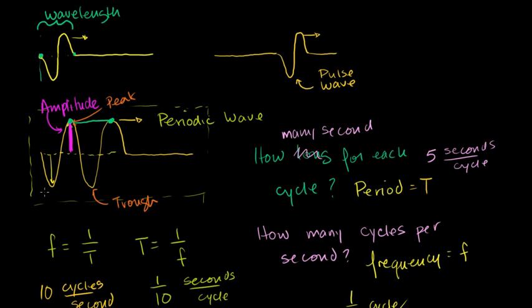Or you could view it as a distance from one trough to the other trough. That's also the wavelength. Or in general, you can view the wavelength as one exactly equal point on the wave, so from that distance to that distance. That is also one wavelength, where between that point and that point, you're completing one entire cycle to get exactly back to that same point.